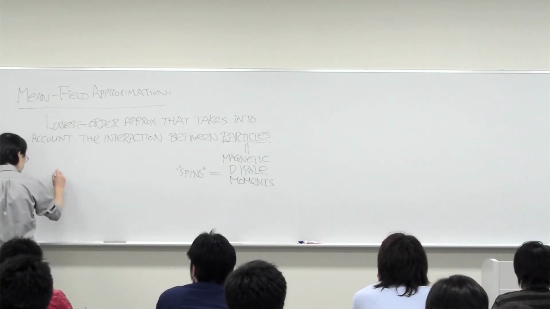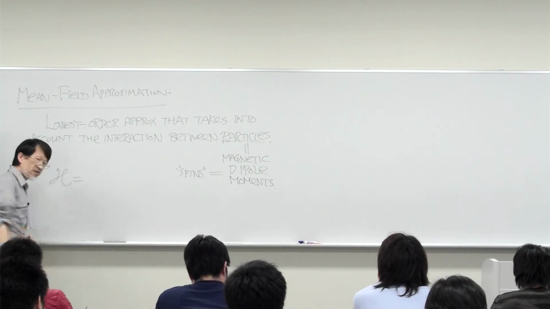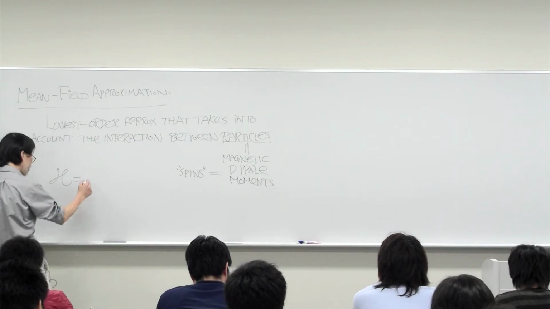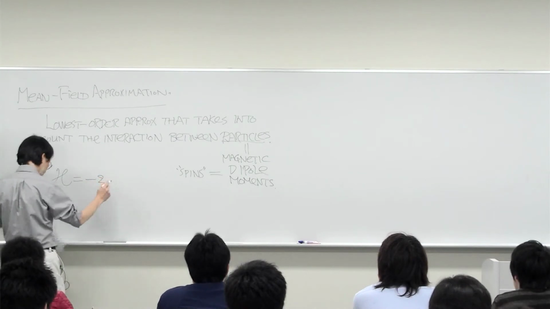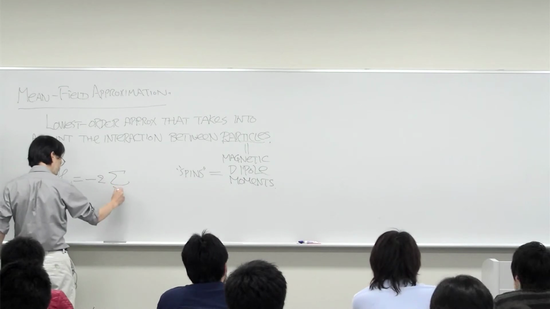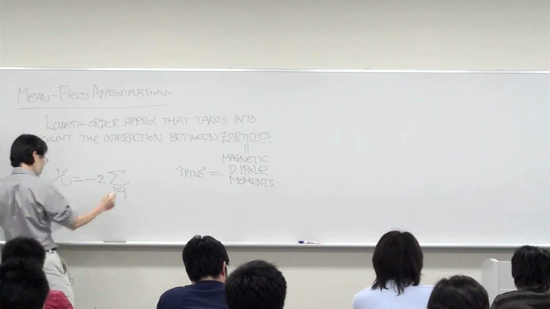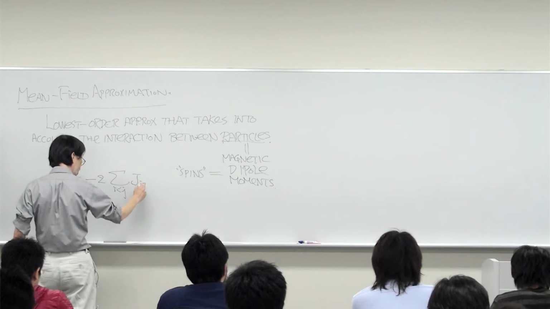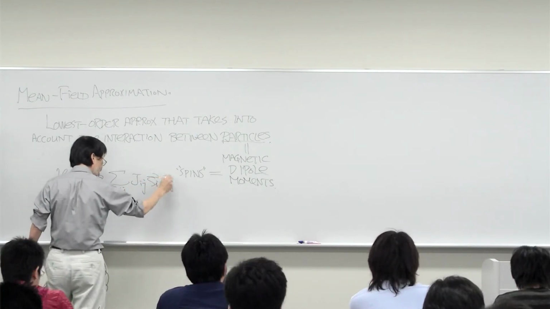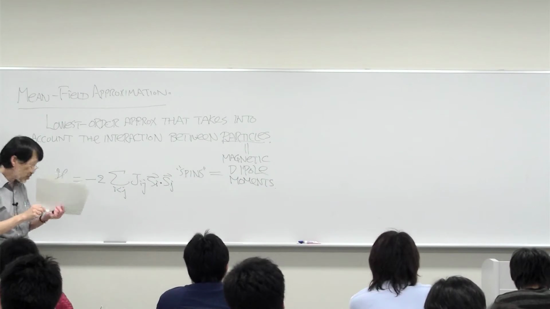And the Hamiltonian of magnetic dipole moments which interact via exchange interaction are written in this way. I have to follow the symbols used. You're familiar. All right? This is the interaction.